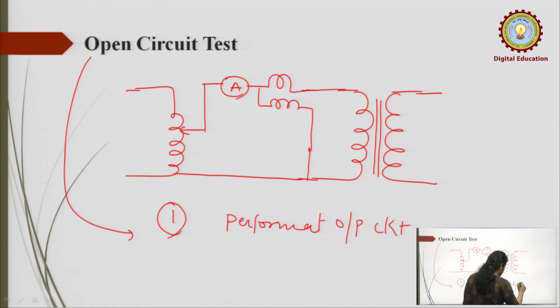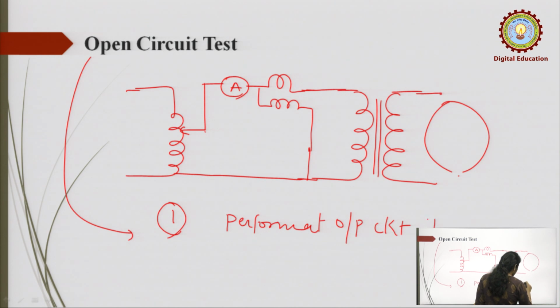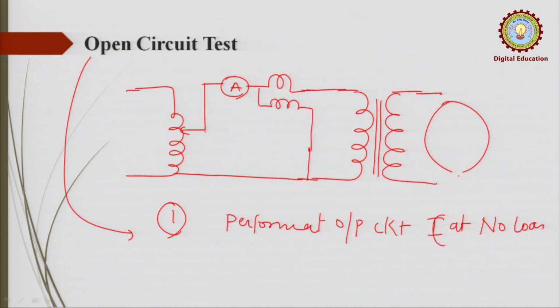That means there is no load on the other side: the load current I2 will be 0, it is performed at no electrical load.